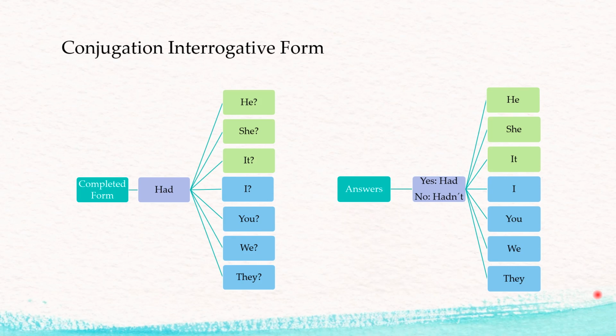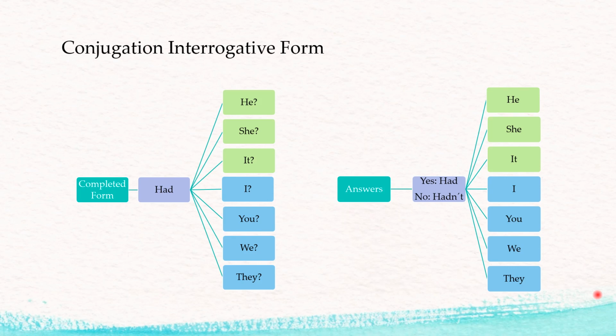Now the third singular persons, had she, had he, had it. If you observe, the auxiliary form had is used for all the pronouns. They don't have any change.